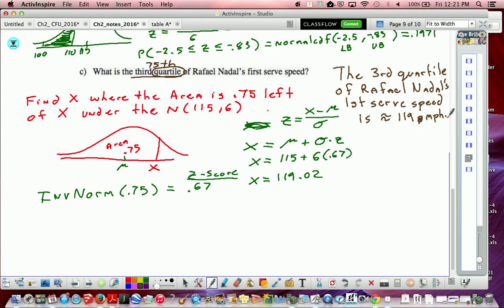Now I finally spelled Rafael correct. I rounded it to the nearest mile per hour since it was so close. If you said 119.02 miles per hour, I am fine with that too.